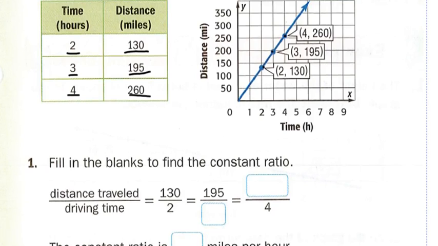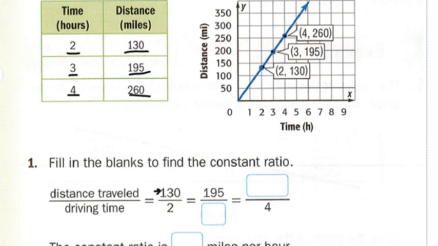So remember, distance traveled over driving time. The first ratio they set up is if you travel 130 miles, it will take you 2 hours. Or if you drive for 2 hours, you'll go 130 miles. Well, if you've traveled 195 miles, how long have you driven?